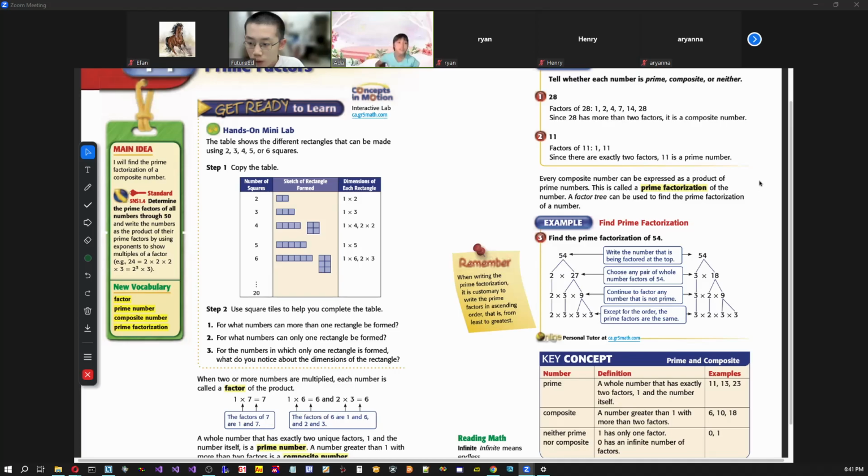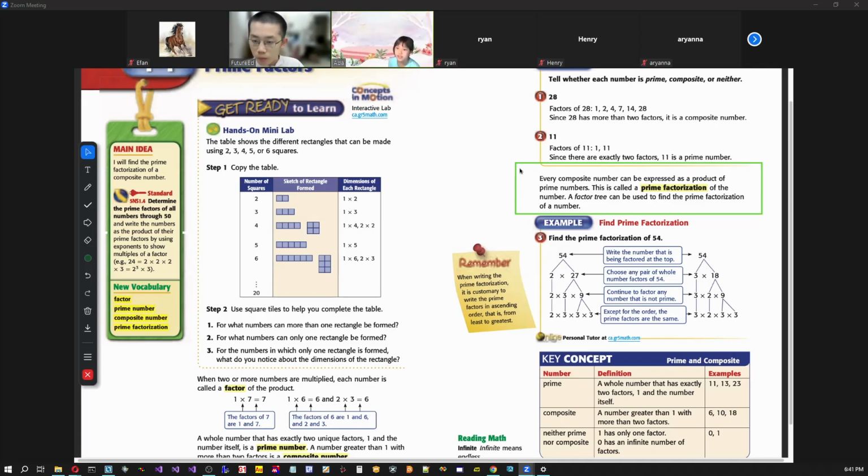Every composite number can be expressed as a product of prime numbers.